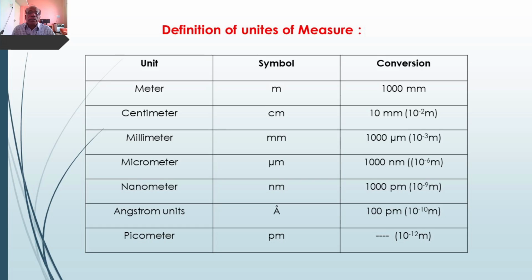Then the angstrom unit is represented by the degree angstrom symbol or capital A, and 1 angstrom unit is equivalent to 100 picometer and can be denoted as 10 raised to minus 10 meter.